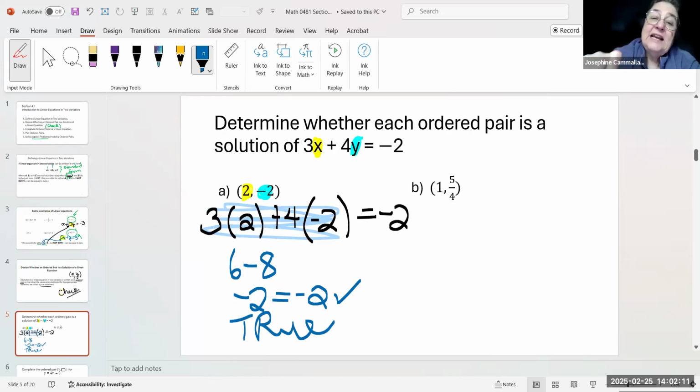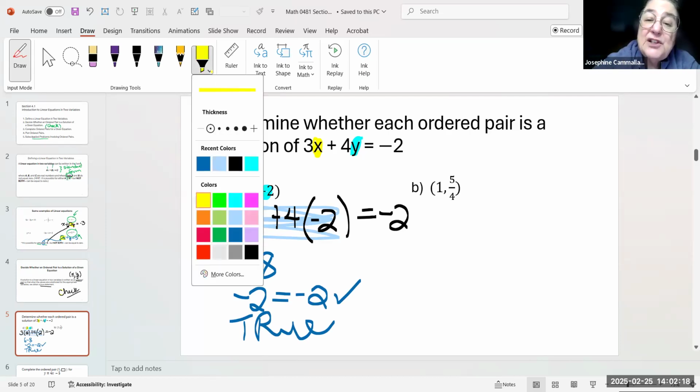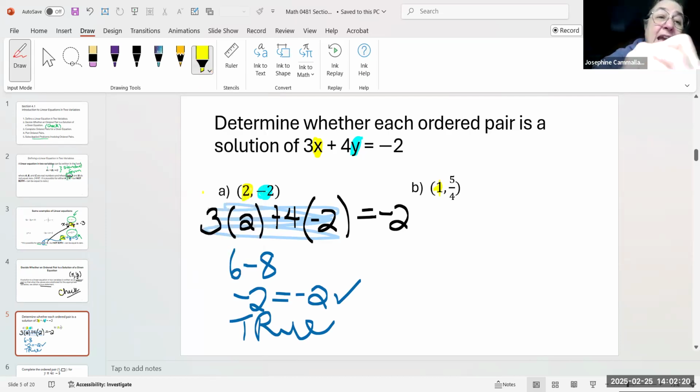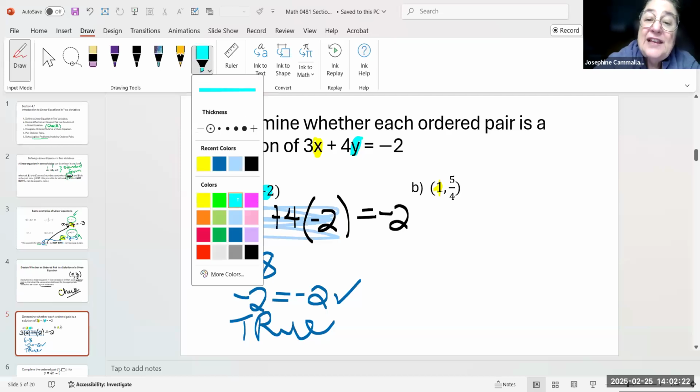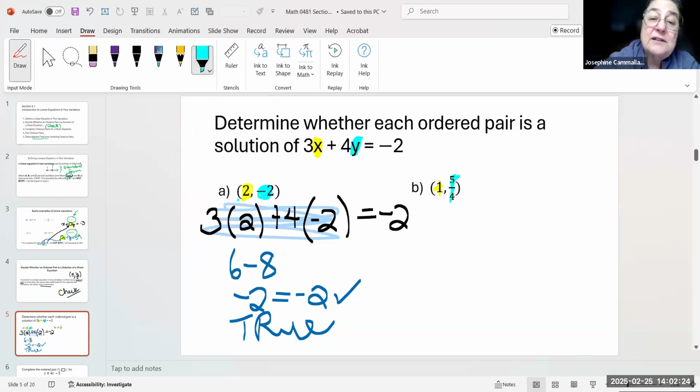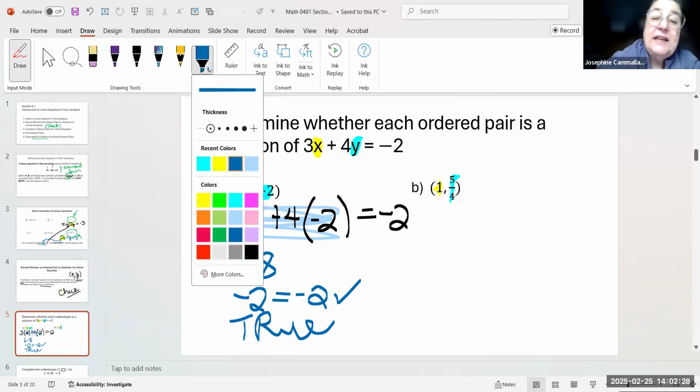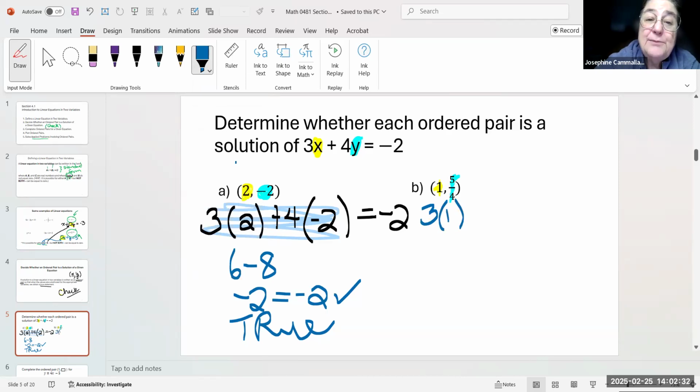Okay, now we're going to take a look at B. Well, again, remember, this one is my x term. This 5/4 is my y term. So when I put it in, it's 3 times 1 plus 4 times 5/2.